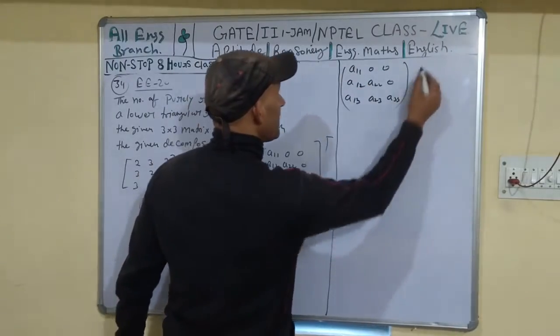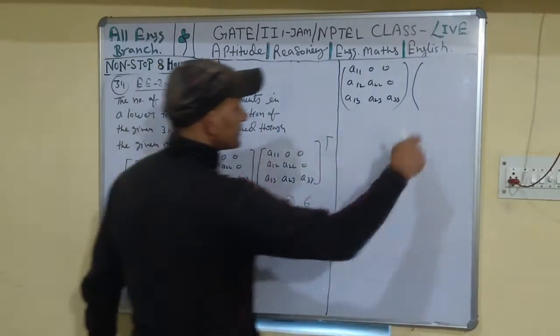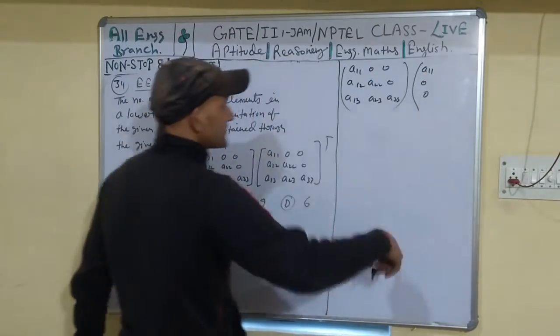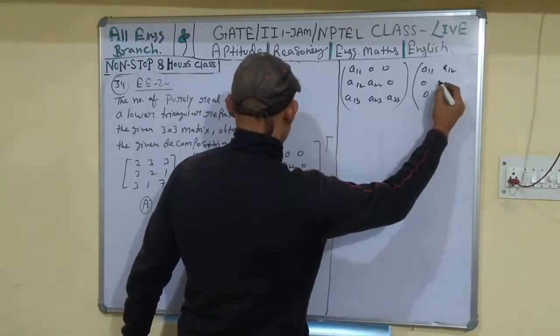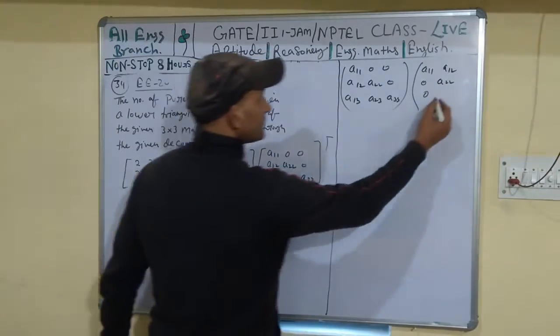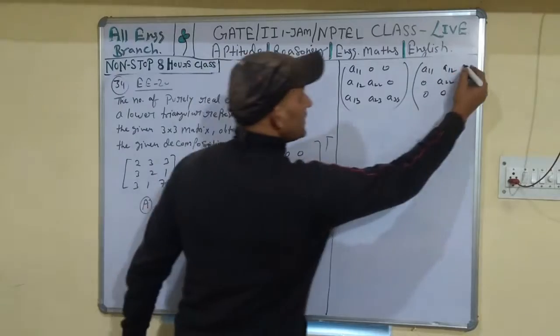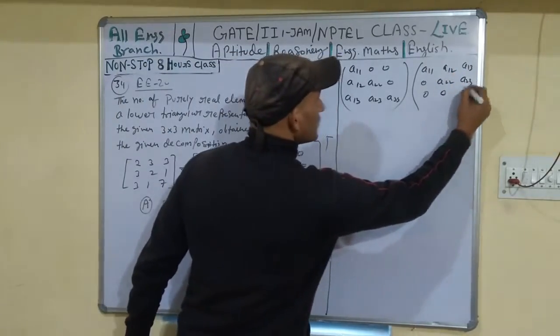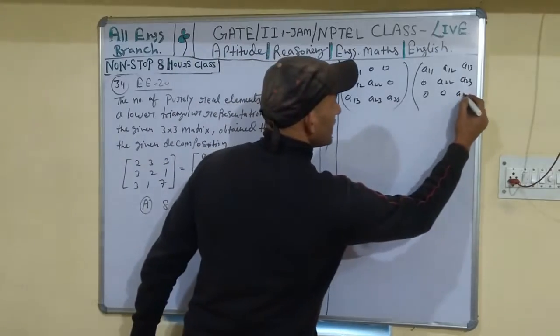So you have to multiply it with its transpose. Transpose means this A11, 0, 0 and this A12 and A22. You have to change the row to column. Okay, so A13, A13 and A23, A23 and A33, A33.